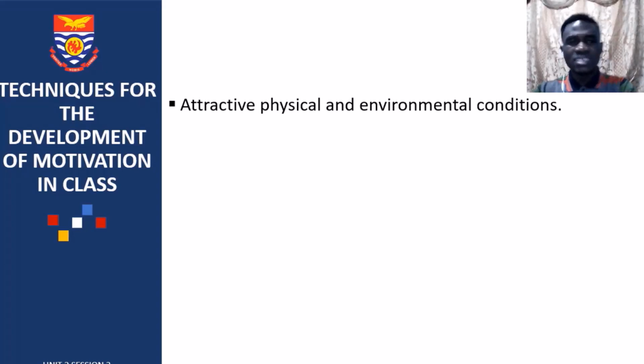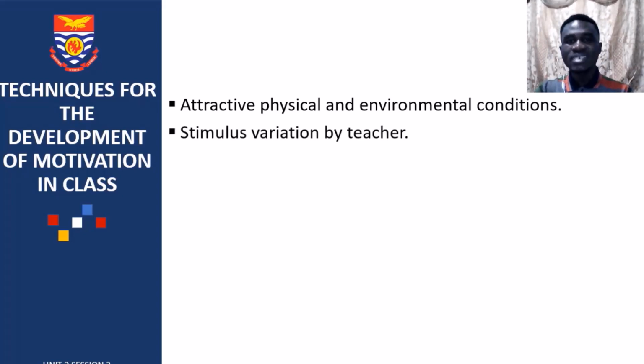What are the techniques for the development of motivation in class? One technique is ensuring that there are attractive physical and environmental conditions. So when our classrooms are very attractive, learners always want to come to such classrooms, and at the end of the day, it is able to motivate them to learn.